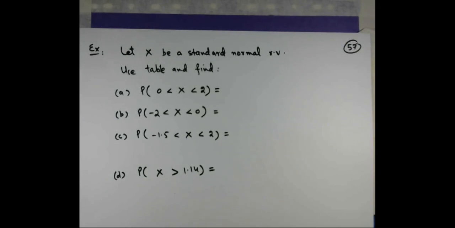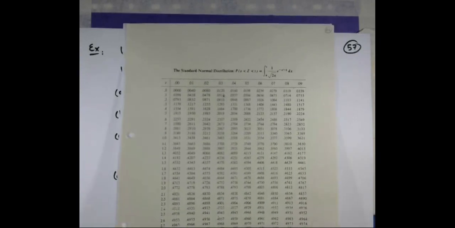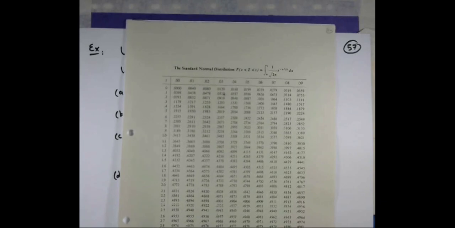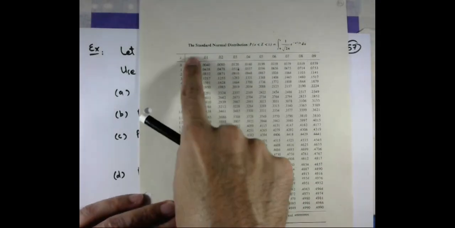The first one is so easy. This is already known that x is a standard random variable, which means we can use this particular table. I'll provide this table in the notes through our LMS. So the probability from 0 to 2 is exactly this one, 2.00.